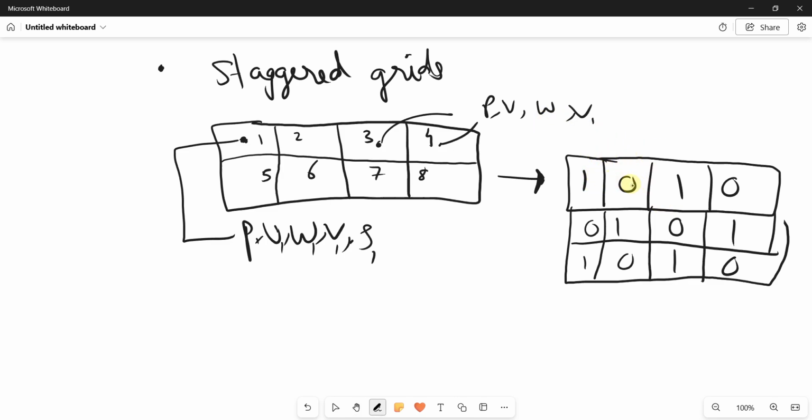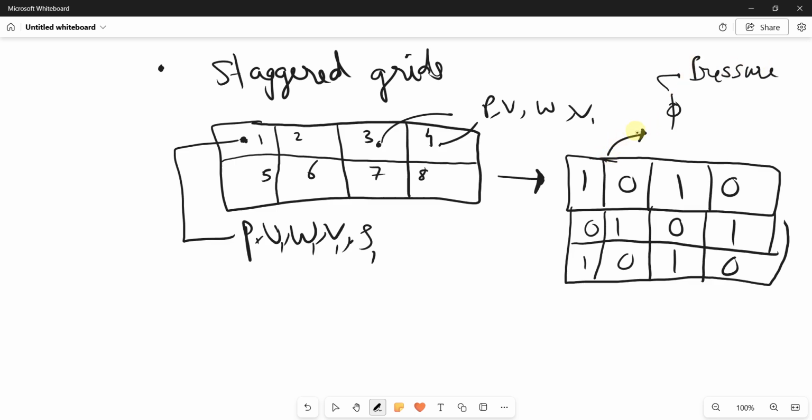Here, these are the pressures at the centers, right? So I have to find the pressure at the face. I can say it is, let's say, the average, so 0.5. This 0.5 is the pressure over here, right?